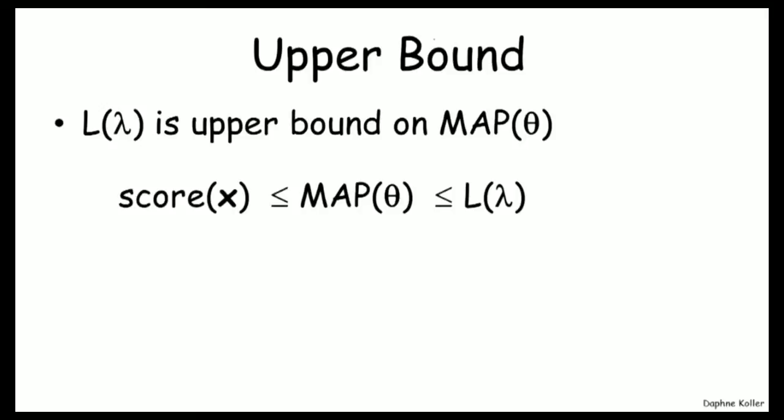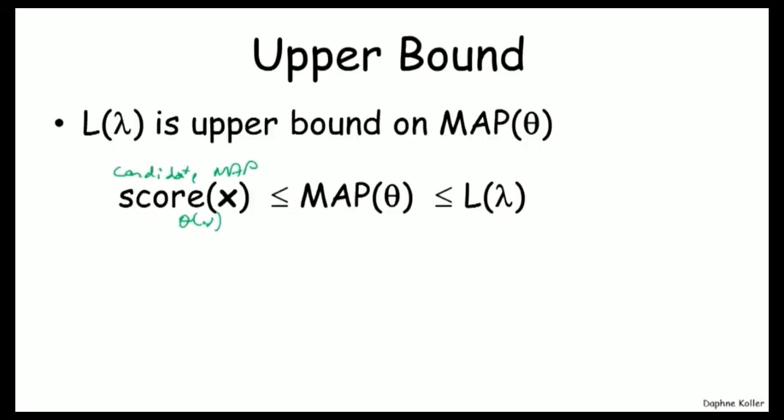It means that if you give me any x that you think is a reasonable candidate for the MAP assignment, by definition, it's either equal to the MAP or it's worse than the MAP. So whatever the score is, theta of x is going to be less than or equal to the value of the MAP assignment, because it certainly can't be any better than the true maximum. And that in turn is less than or equal to L of lambda.